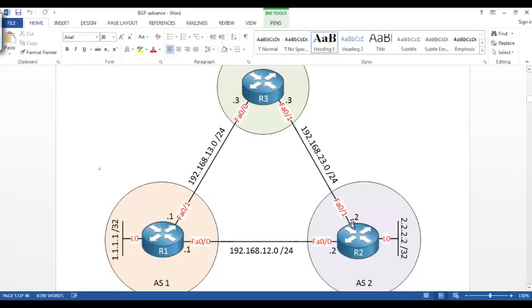Why? Because BGP's update comes through R3. OSPF updates, though they come through this link between R1 and R2, R2 couldn't take OSPF's path.